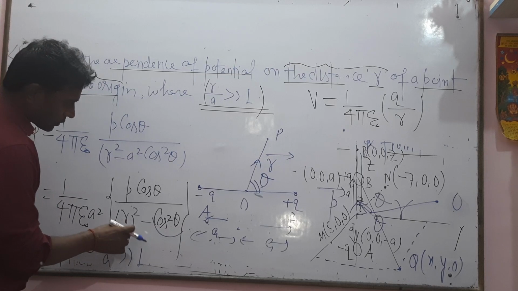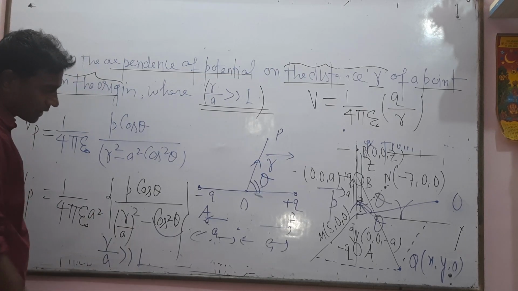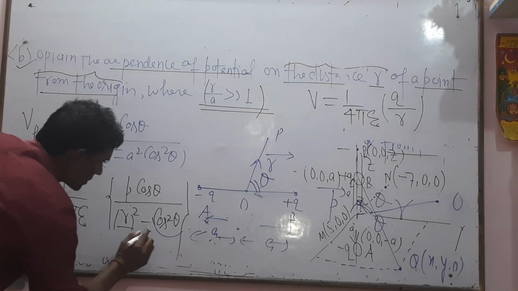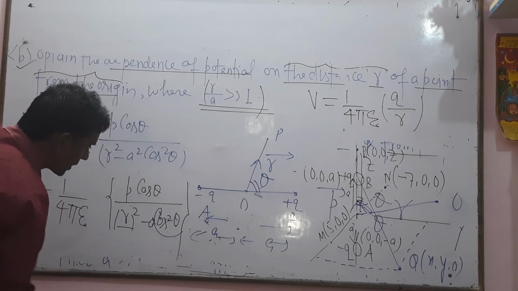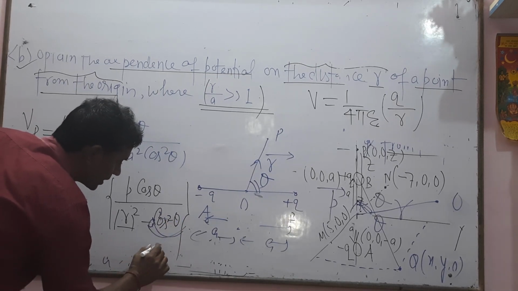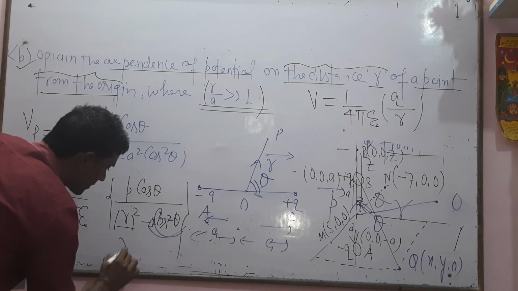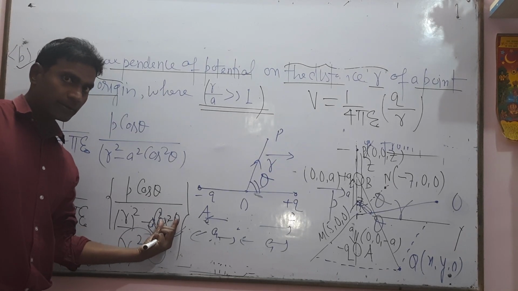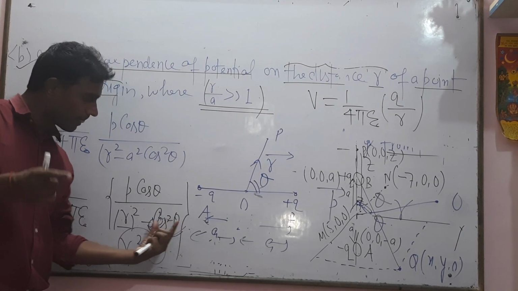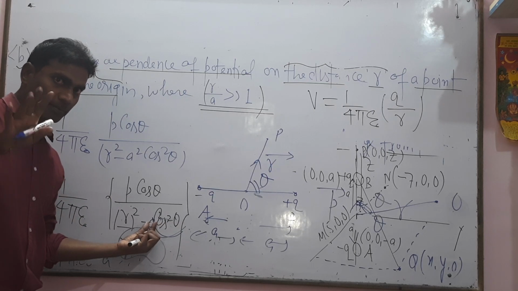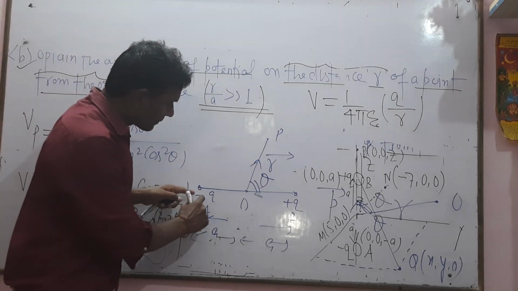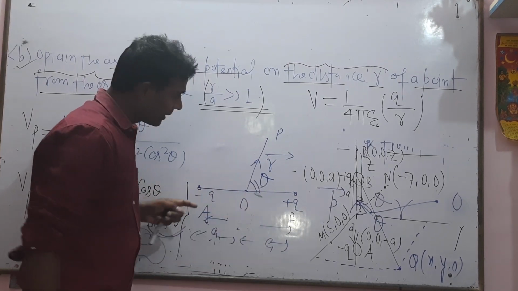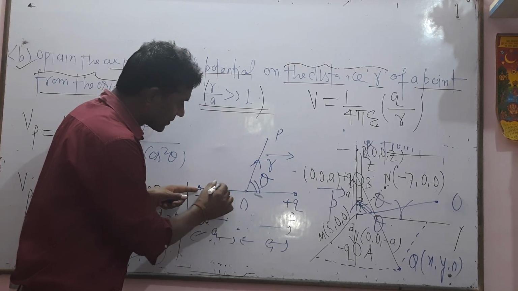So a squared into cos square theta is very small compared to r squared, because cos square theta lies between 0 and 1. And a is a very small quantity, because it is the distance from minus q to the center. This is a because this is a dipole.